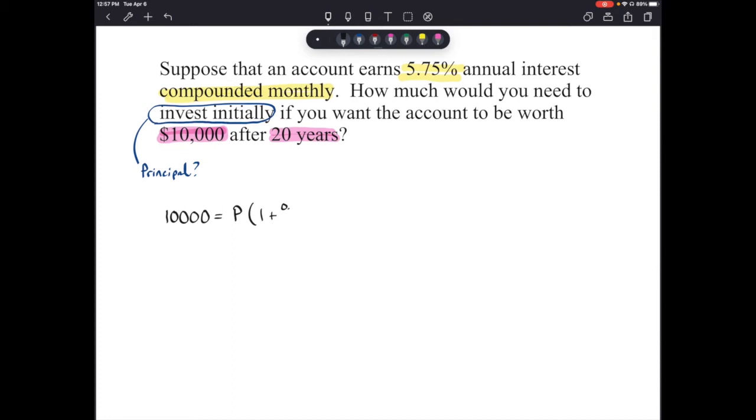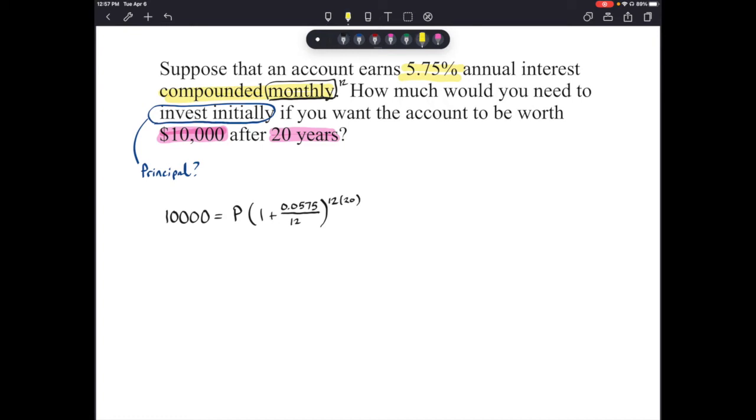So when we write that out, that'd be 0.0575. And the number we would have to divide it by if we're compounding monthly would have to be 12. So we're going to break that into 12 parts. That way we can compound it 12 times. And this is going to be over 20 years. So we're going to do it each year for 20 years.